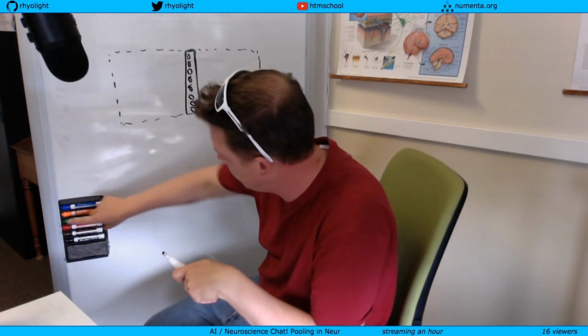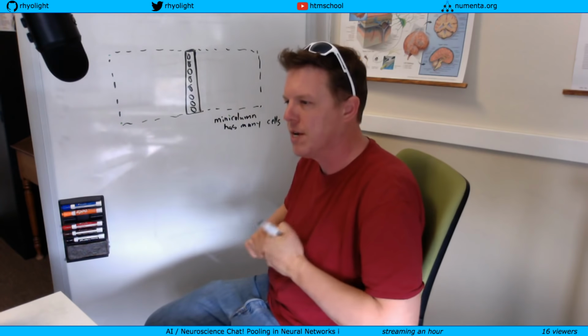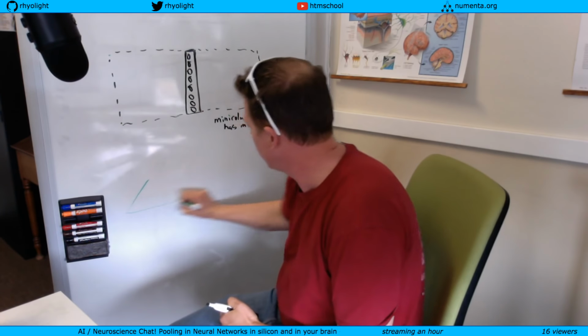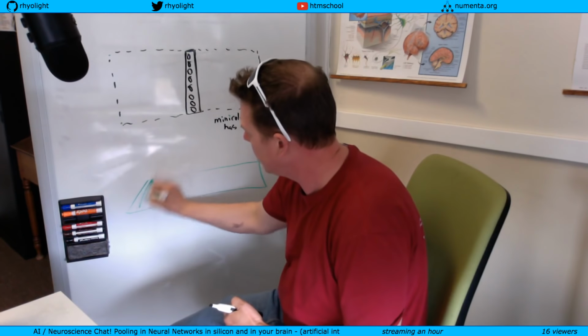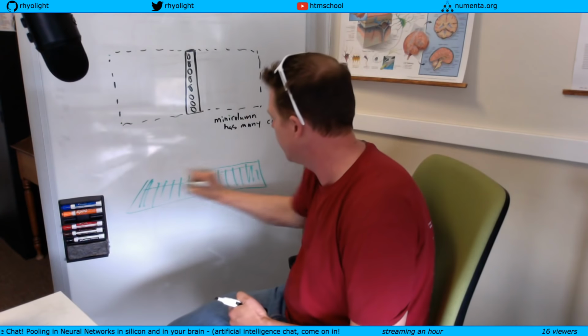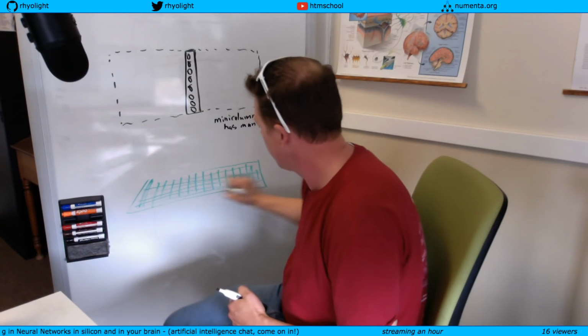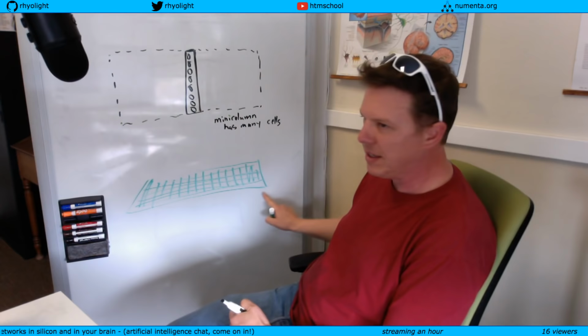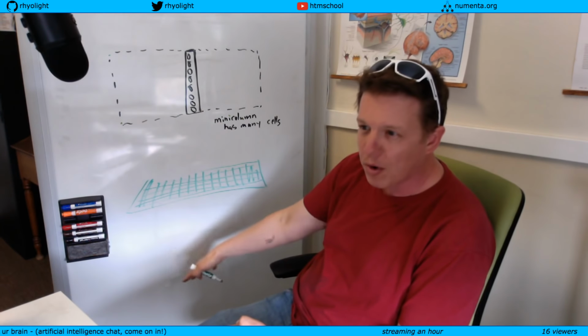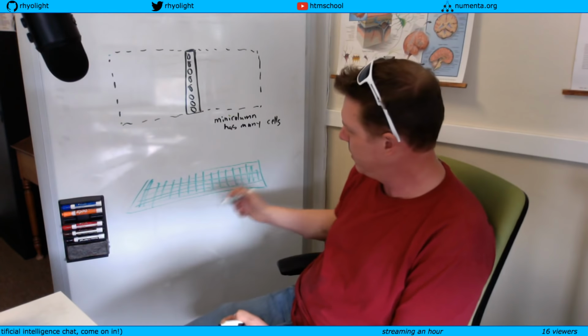So like I said before, I like to draw the input space in green. We have some input, and it's just a big grid of cells as well, which you can sort of see as synapses or cells that are in either a lower layer, another layer.